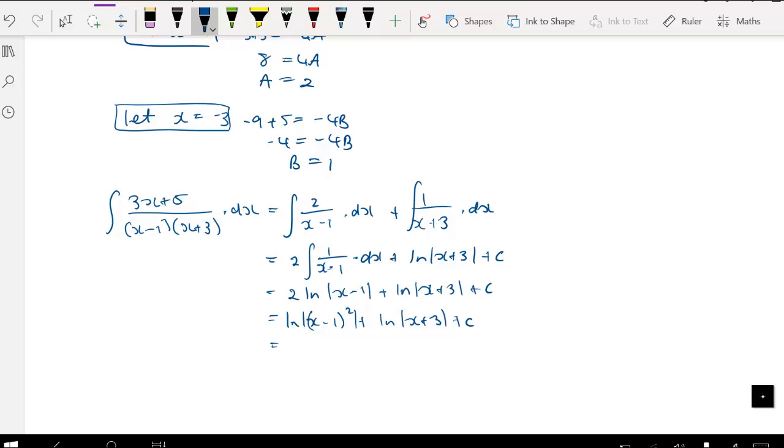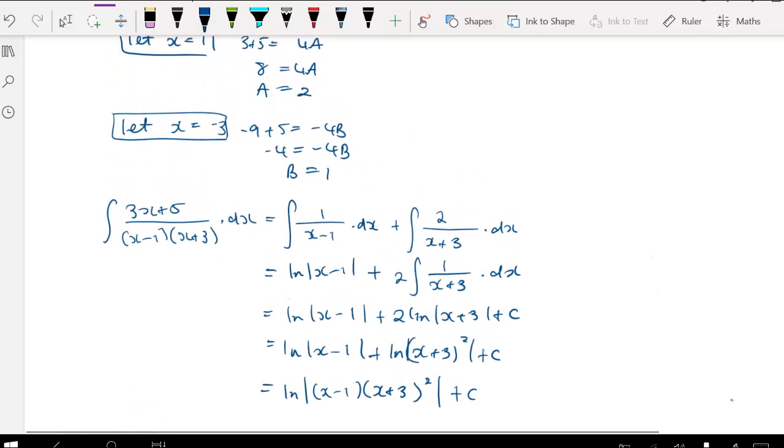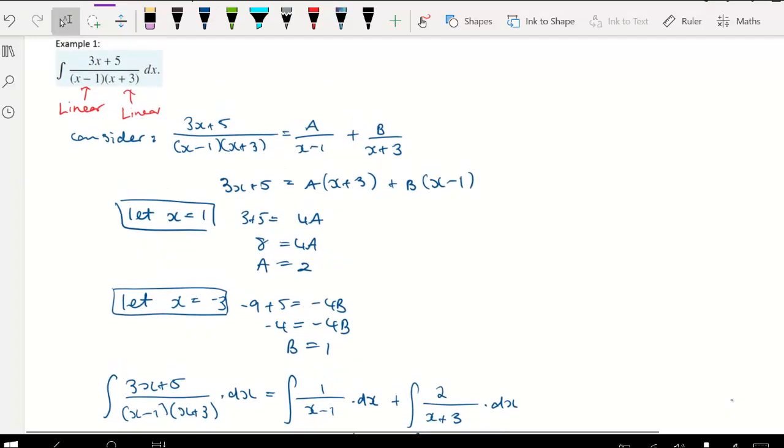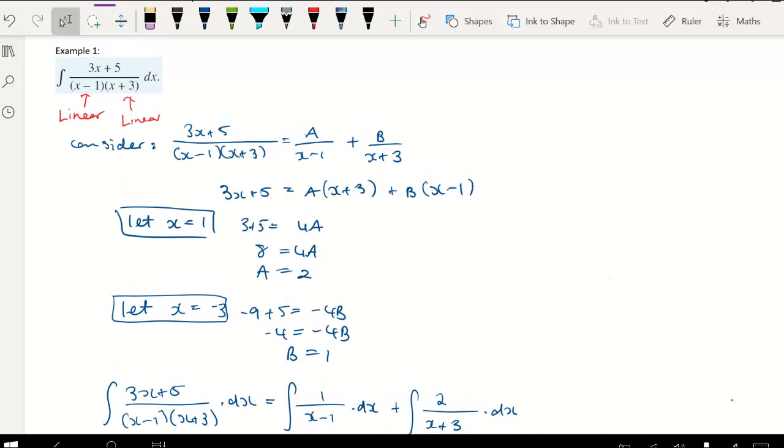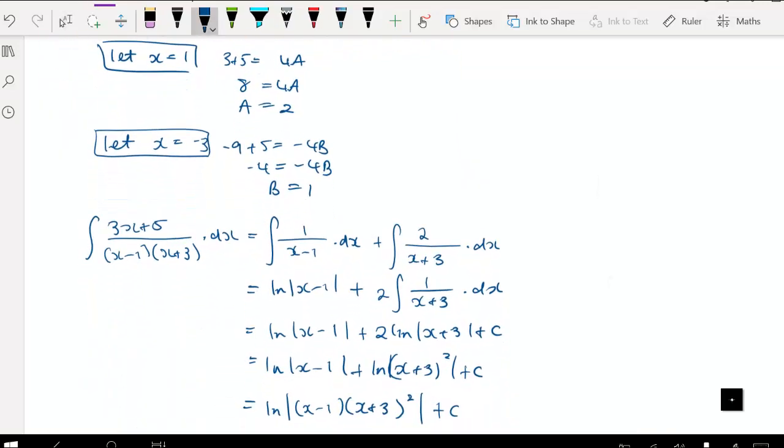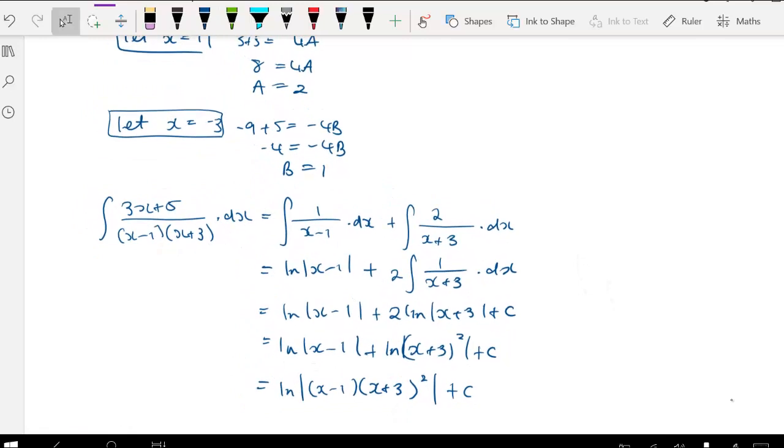So when we combine these, we get ln|(x - 1) squared (x + 3)| + c. And there it is, there's our solution. So first of all, that process of partial fractions, once we get our partial fractions, we put them back into the integral, and then it's just a matter of doing those simpler integrals than the original.